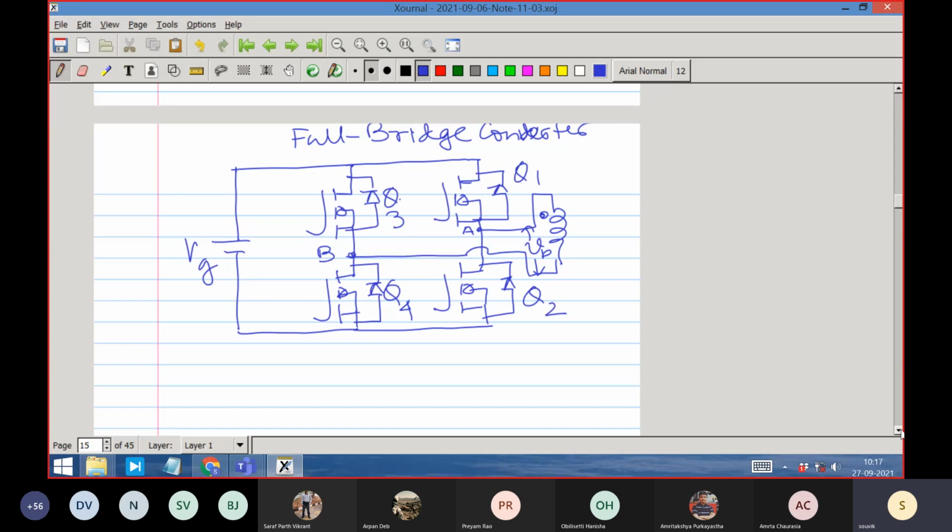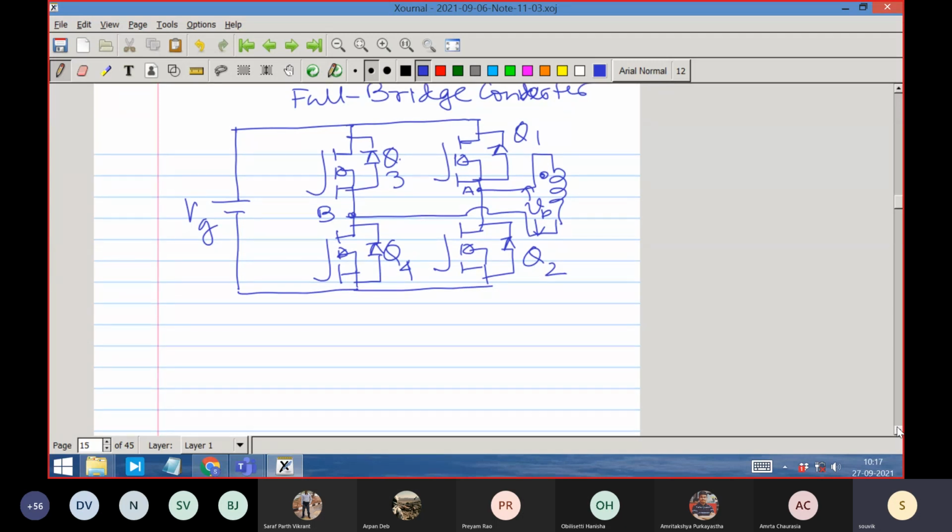So what are the equivalent things happening? The switching combinations that we can get is that Q1 on, and at any point of time 2 switches will be on. That you can understand. From one leg, we call it leg. This is one leg, and this is another leg.